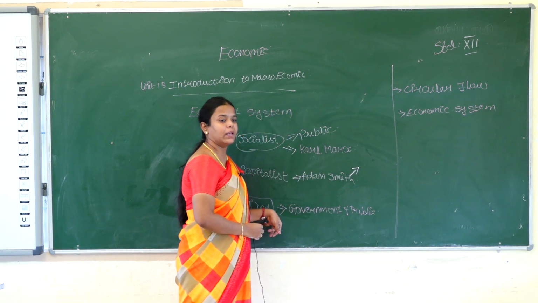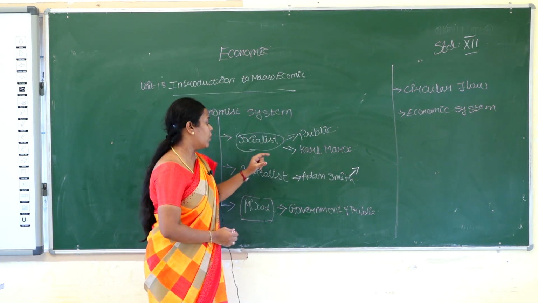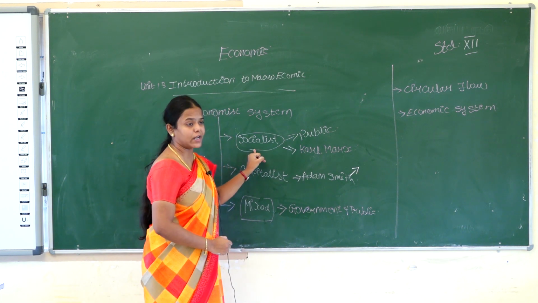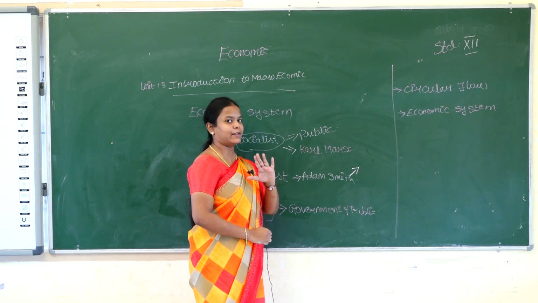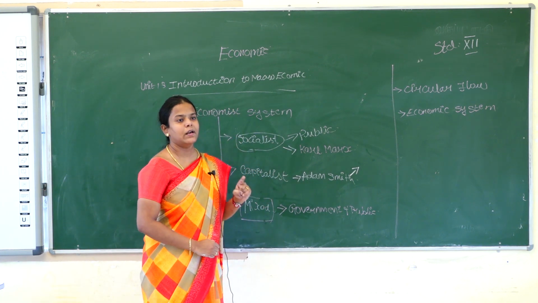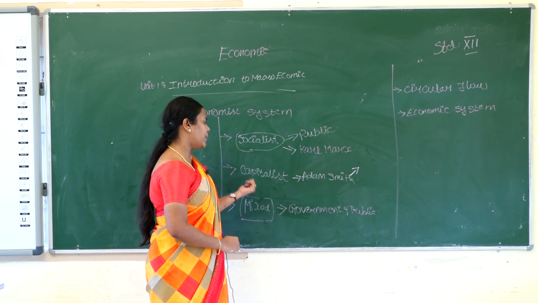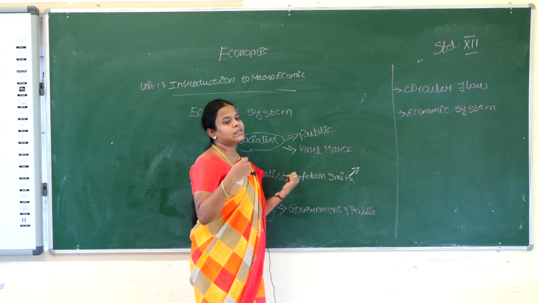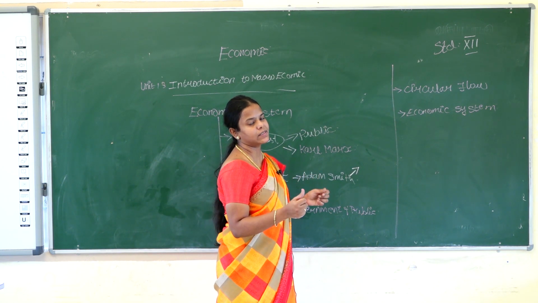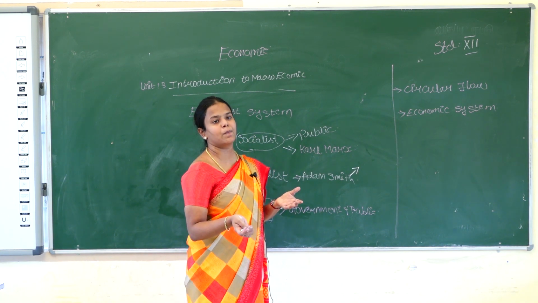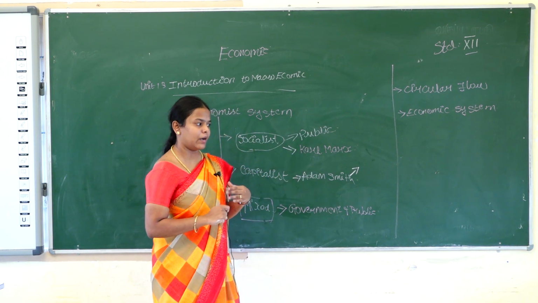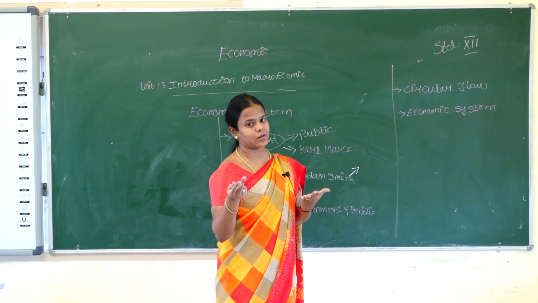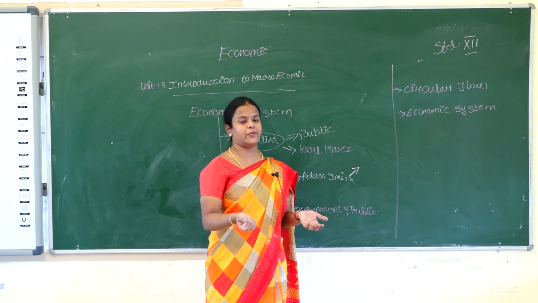A mixed economy is a combination of both: the socialist economy, where the public as well as the government have major rights, and the capitalist economy, where the single person has all the powers, takes the decisions on his own, and is ready to face all losses as well as profit.